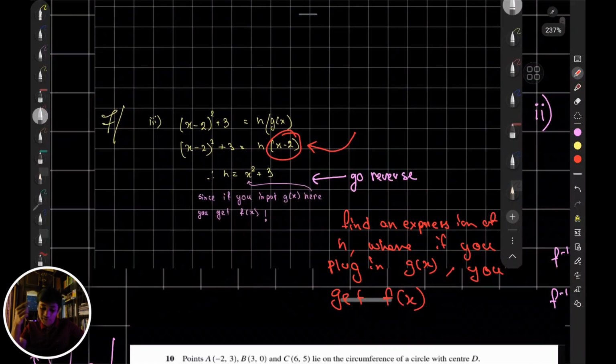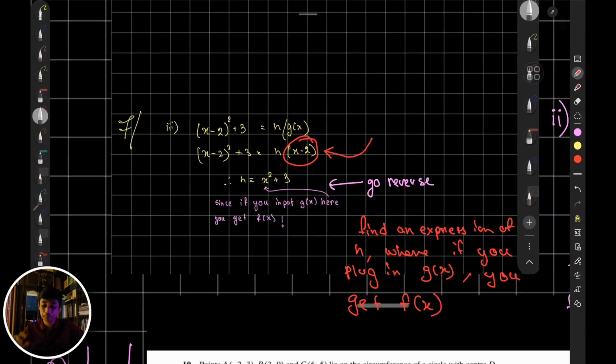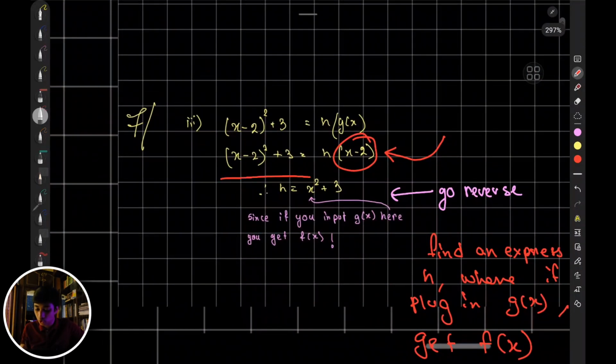So how do we figure out what the answer is going to be? See, if you look at this side, they've kept it pretty simple for us to understand. If you look at the left hand side, you can see if you consider this as g, can you consider that as g? Yes, you can, because g is x minus 2.